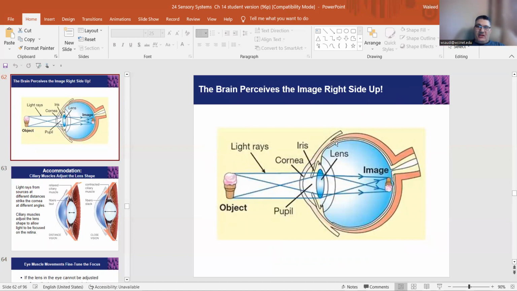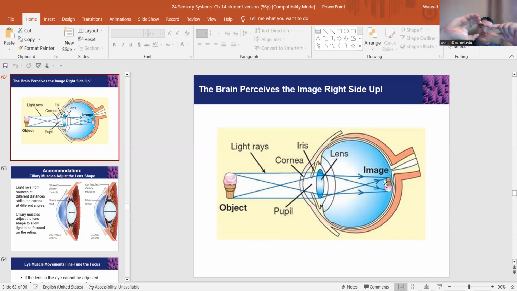Some people will have this eyeball a little bit bigger. So if it's a little bit bigger, when you see something, the light rays will go here and refraction will happen and the picture will be here, not on the retina, not on the fovea. It will be in front of it because it's bigger.